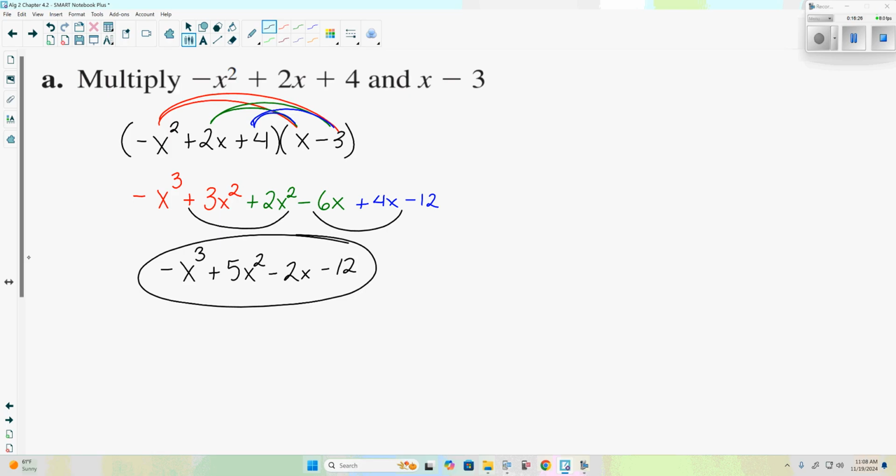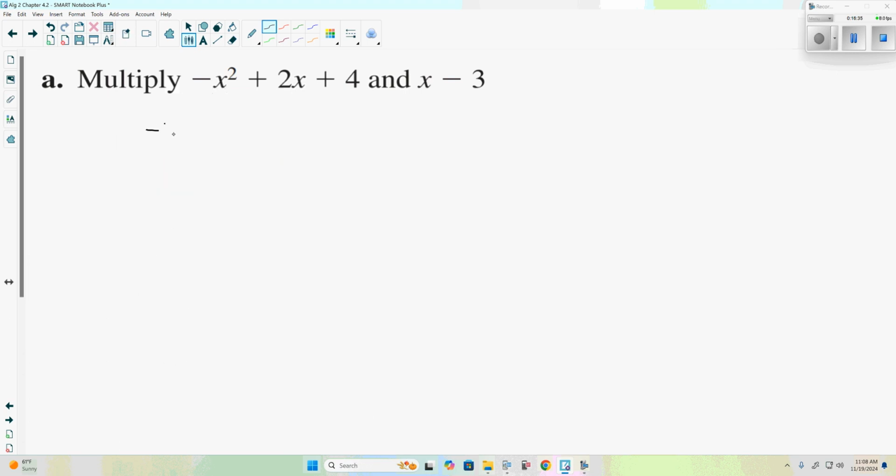Now, technically there is horizontal and vertical. This is technically horizontal. I'm going to show you vertical for this one, but for the rest of what we're going to do, I'm going to mainly stick with horizontal. You can write this down if you want; you don't have to.